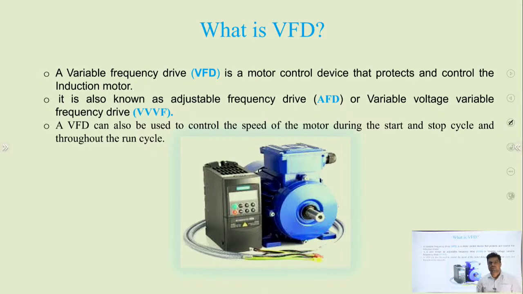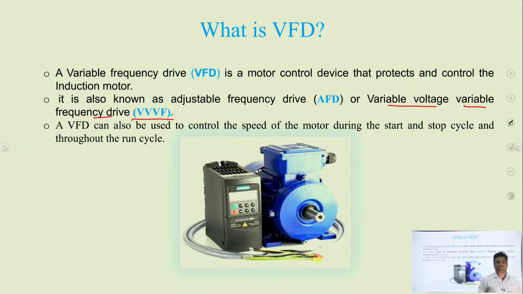In all of these we vary the frequency, controlling the supply frequency, so we can control the motion of the induction motor or induction machine. By varying the frequency, we control the speed of the rotor. That's why the name is variable frequency drive or adjustable frequency drive. Or, by varying the frequency, we can control the voltage itself. So that's why the name is VVVF, that is variable voltage variable frequency drive.